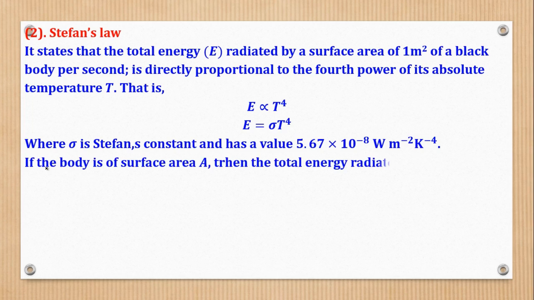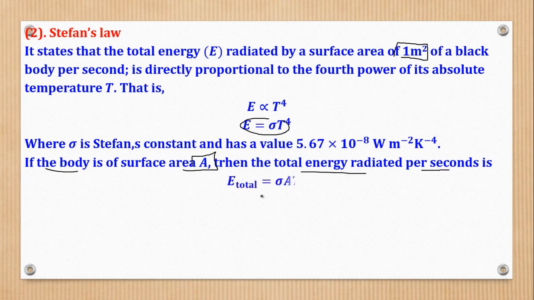So what does that mean? It means that if a body, remember this one was for a body of surface area 1 meter squared. What if the surface area of a body is capital A? It implies that the total energy radiated per second will be E total, which is sigma or Stefan's constant times the surface area times the temperature raised to the power 4.